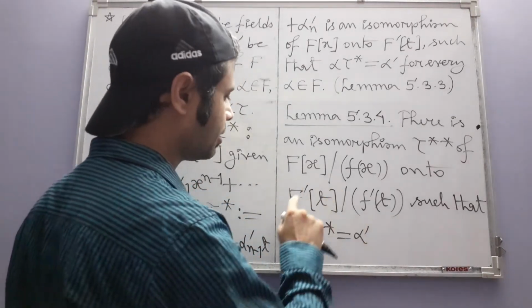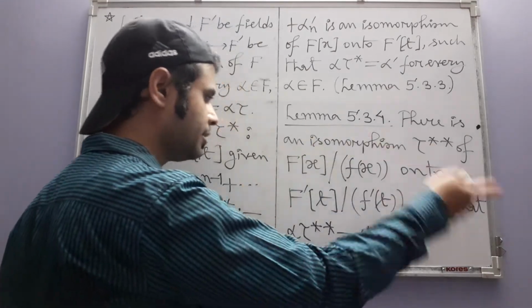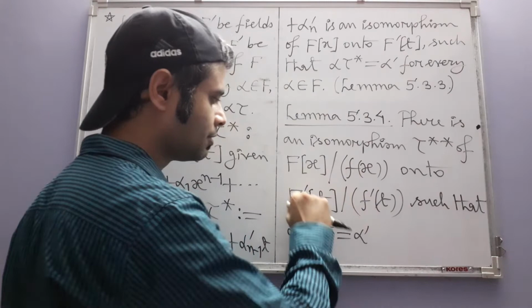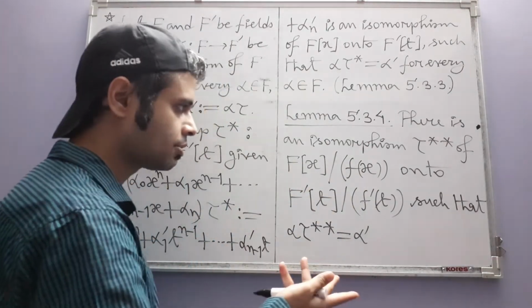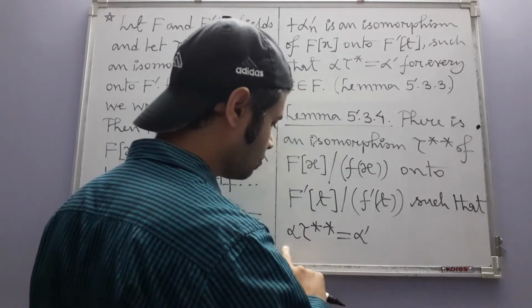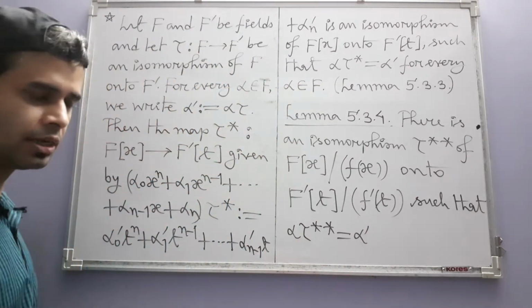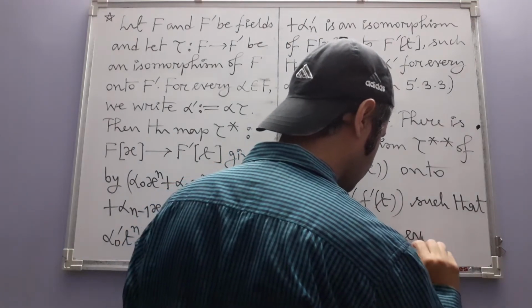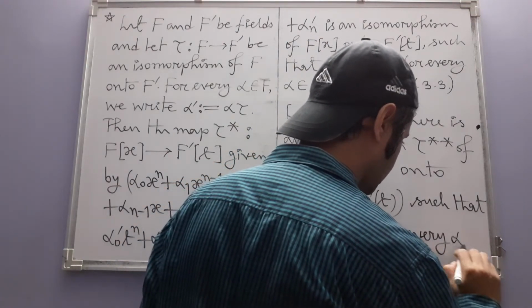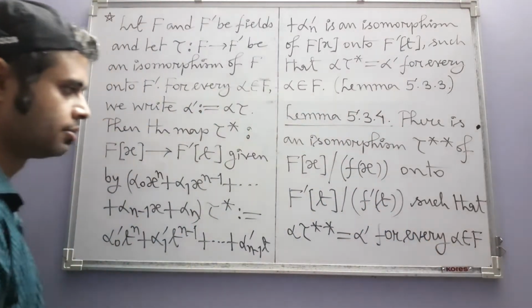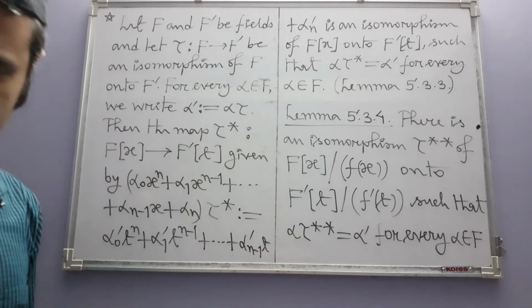Identical means similar, and then still we take one more step where we are now considering quotient rings of those polynomial rings. There also is an isomorphism between two such structures, again which behaves like this on the field elements, for every alpha belonging to f, and there is something else also.